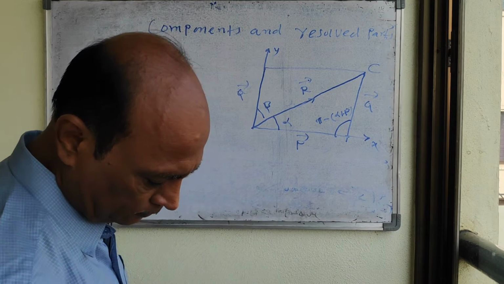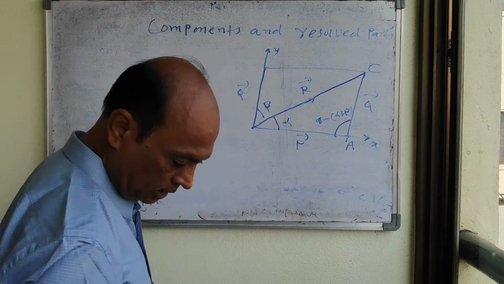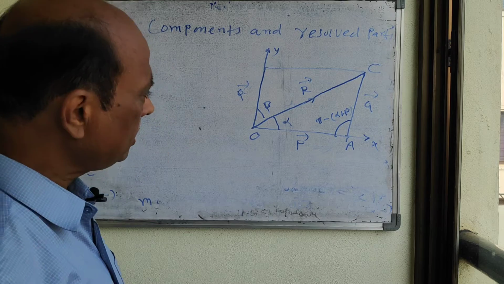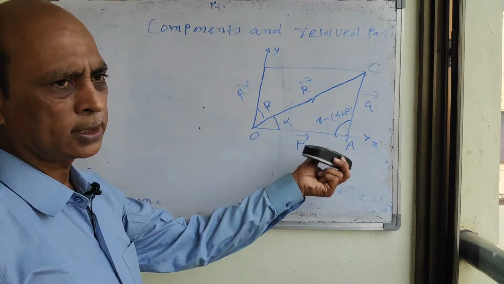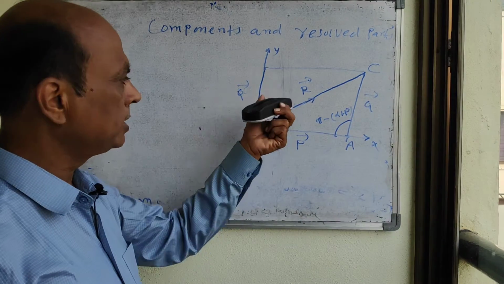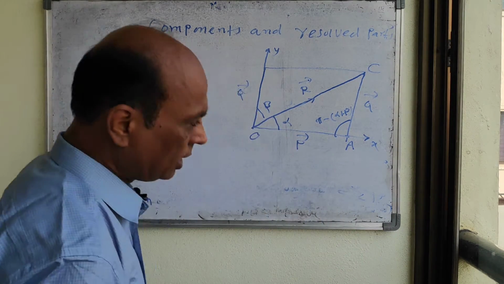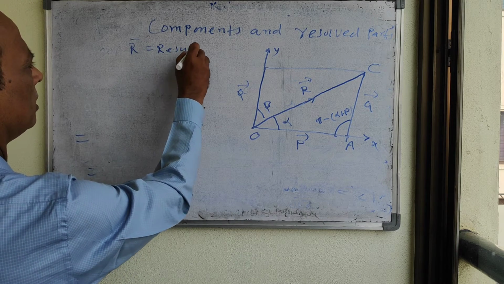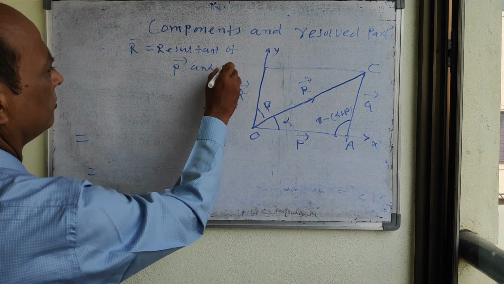Here also we have to take the point A, and this is the point O. So here we are considering 2 forces, one P bar along the x-axis, or we can say OX, and Q bar is another force along OY respectively. And R is the resultant of P bar and Q bar.